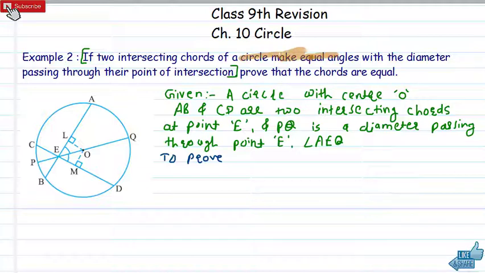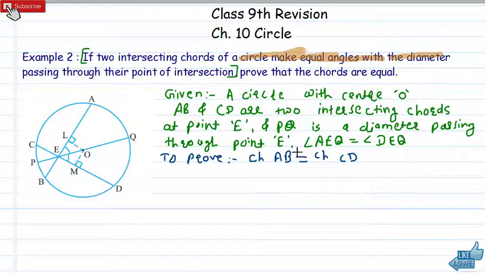So equal angle means what? These angles are equal, meaning angle AEQ is equal to angle DEQ. That is also given. So now to prove is very simple. We have to show that chord AB and CD are equal. Chord AB is equal to chord CD.